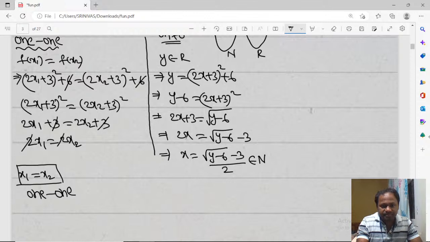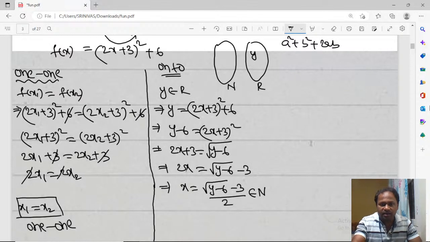So now I will check, just to see the x value I got, whether it belongs to f of x or not. f of x is equal to y.